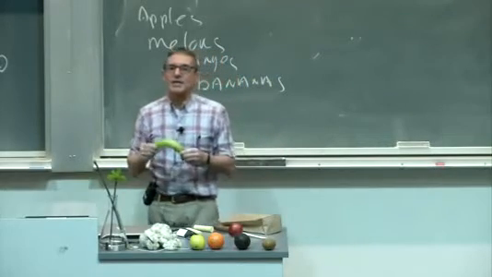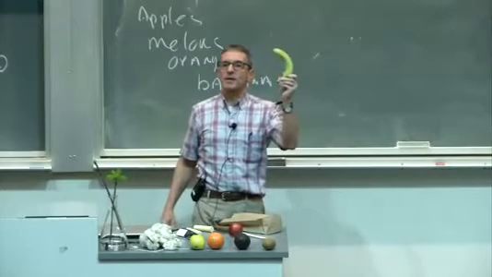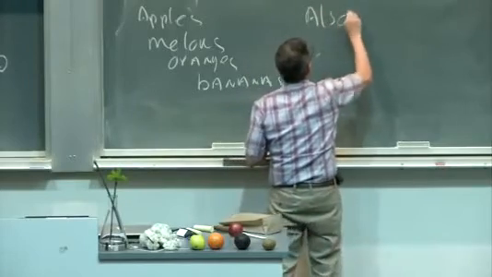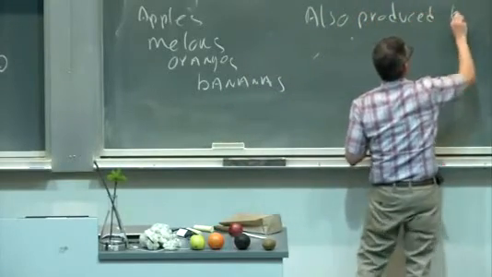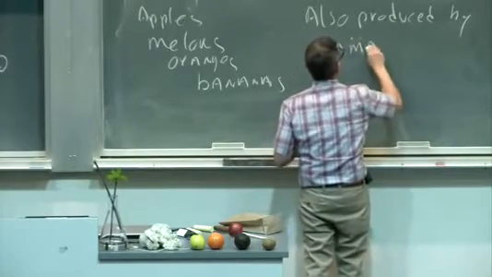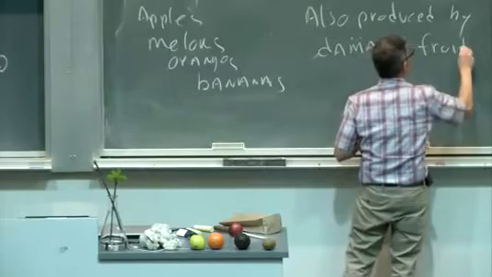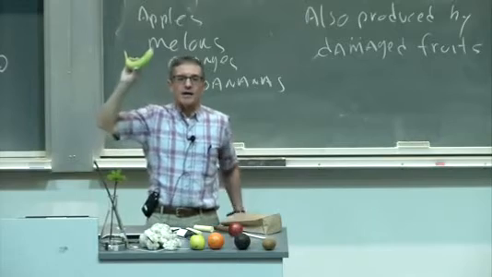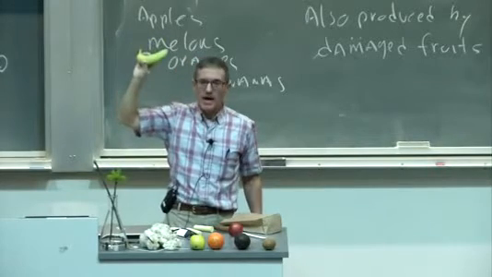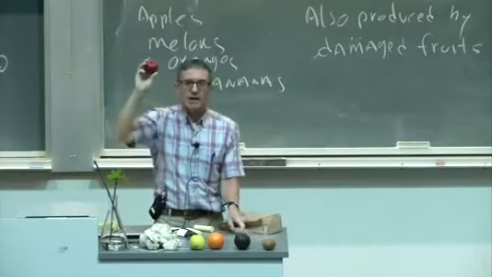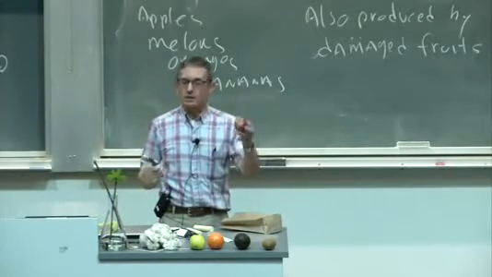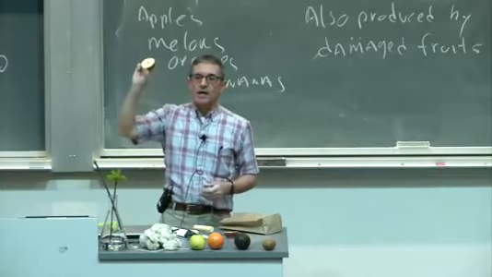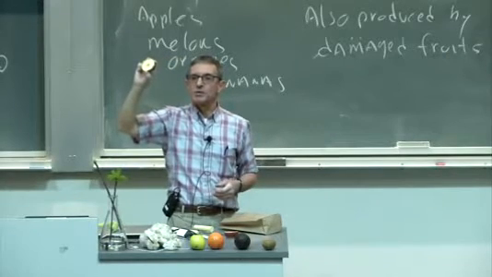Now, not only is ethylene gas produced by ripening fruits, and it's autocatalytic, but ethylene is also produced by damaged fruits. So if you buy a green banana at the store and it's not ripening fast enough for you, or you want to have it ripen faster, what you can do is take an apple, which is either already damaged or which you can damage by cutting, and take this damaged apple now, in which you are going to stimulate ethylene production as a result of the wound.